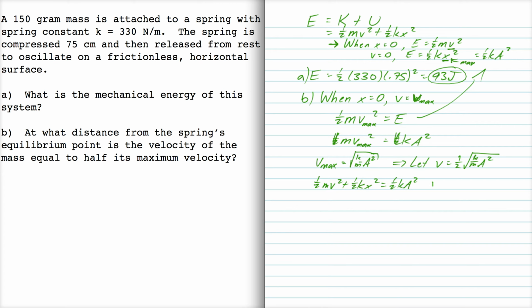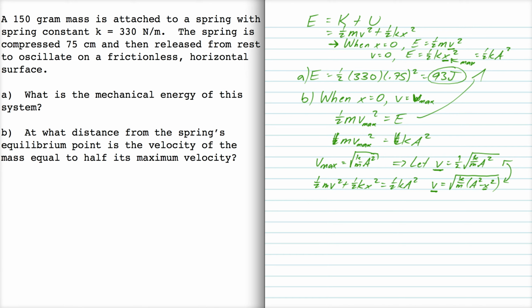And from that, we have the formula v is equal to the square root of k over m times a squared minus x squared. So we are going to take these two and set them equal to each other. This is the velocity at the specific time we're looking for. We want to know when the velocity is equal to half the maximum. And this is a general equation for the velocity at any time. So we're going to set these equal to each other and find x.